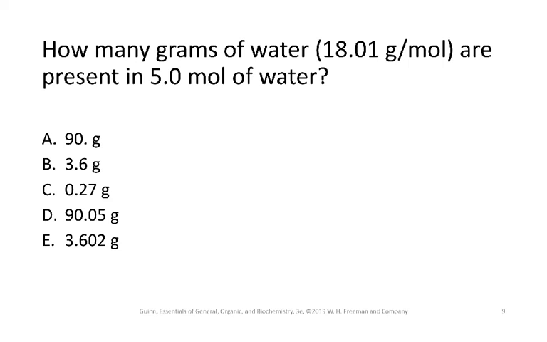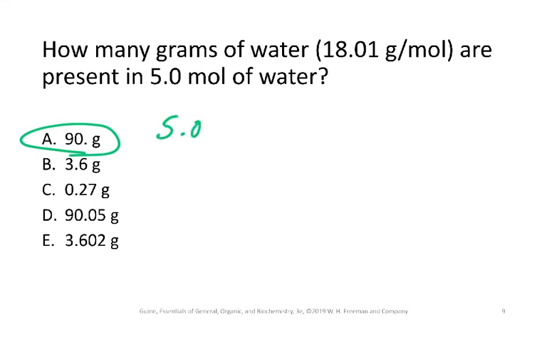All right, last one. How many grams of water are present in 5 moles of water? Pause this and answer. Okay, now you've worked through it. You come back, and the answer is 90 grams, right?